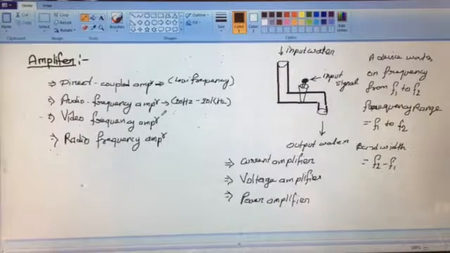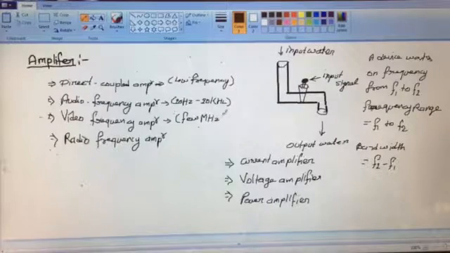The video frequency amplifier is used to amplify television signals of a few megahertz.